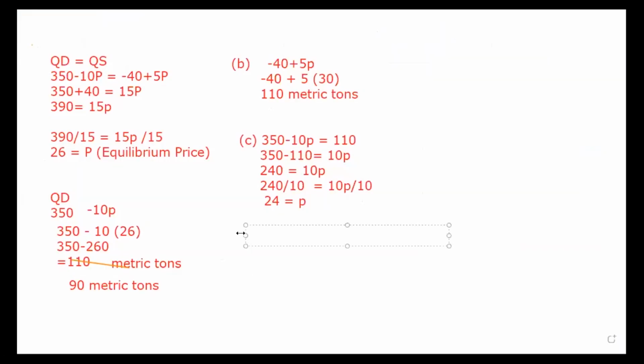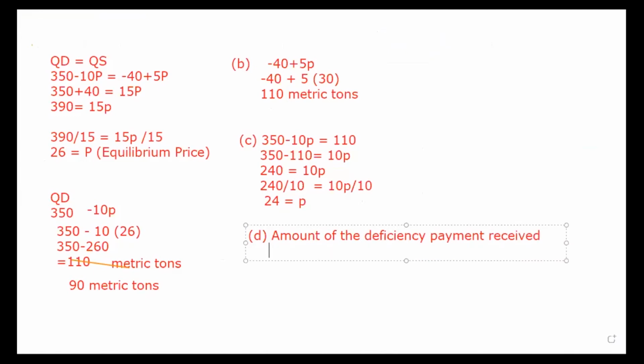So I'm going to write here D, amount of the deficiency payment received by the farmers from the government.